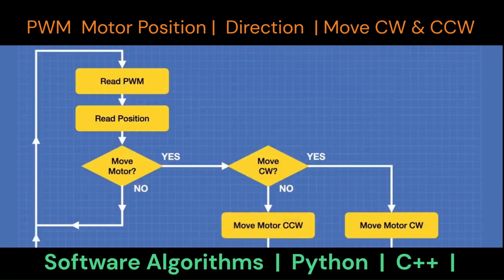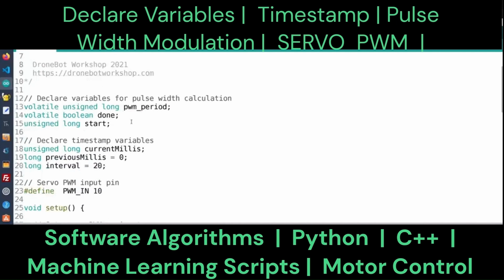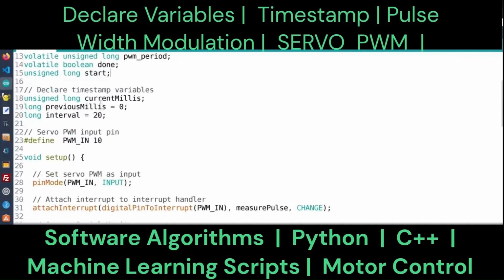In this setup, I set the incoming pulse width modulation pin as an input and also initialize the serial monitor. The setup also has a statement to attach the interrupt to the interrupt handler function, measure pulse.